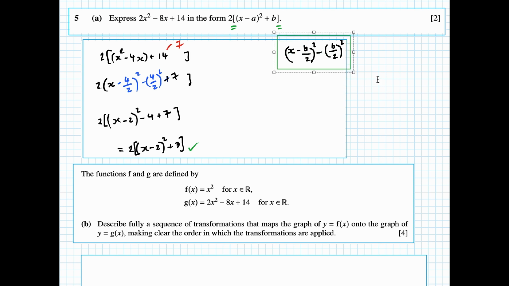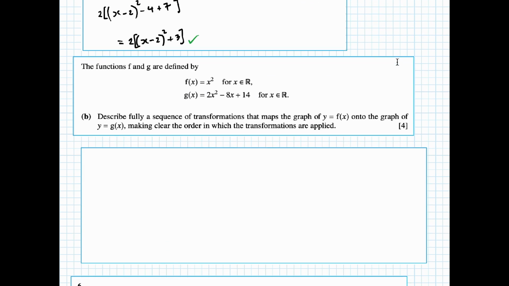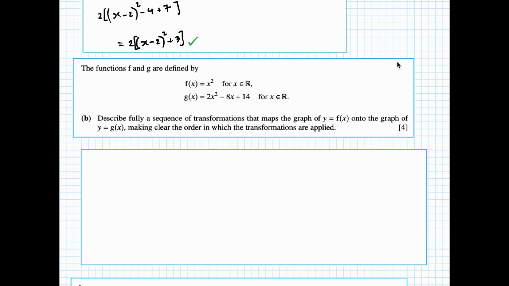The second part, we're given the same function g of x, and we also have f of x, which is x squared, and they're all real numbers. We have to describe the sequence of transformations. So essentially, we're taking the answer from our first part in question 5. It often might say hence, or give you an indication that the first part is leading to the next part.